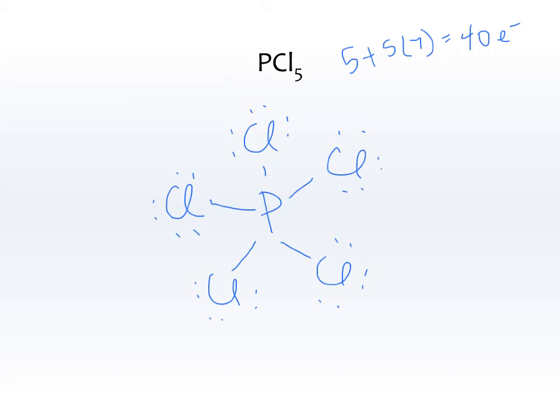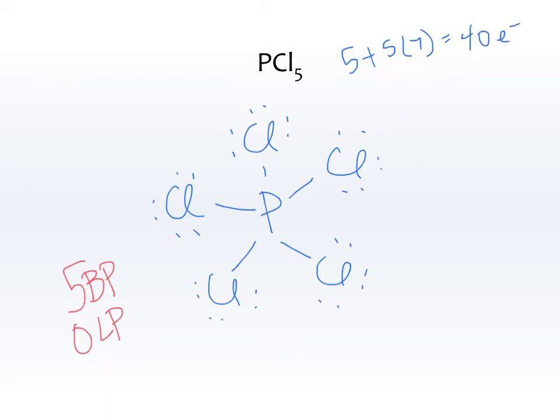And that's 40 electrons. So there's my PCl5. That's my beautiful structure. Now, we want to get bonding pairs and lone pairs. Phosphorus has 5 bonding pairs because phosphorus is connected to 5 chlorines. Phosphorus has no lone pairs because there's no extra dots on the phosphorus itself. I don't care about the chlorines, I'm just looking at the central atom.